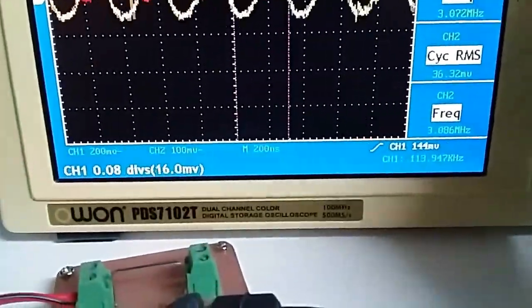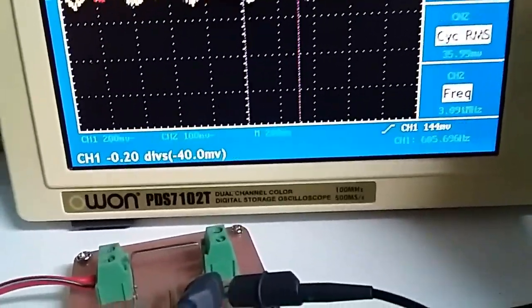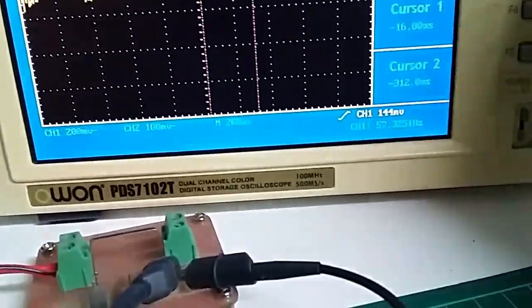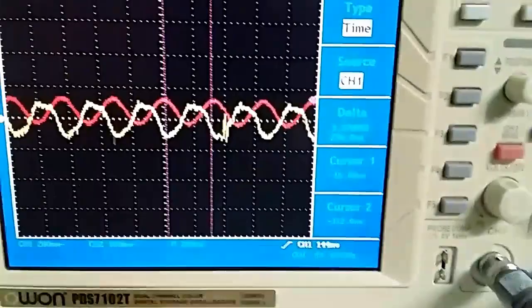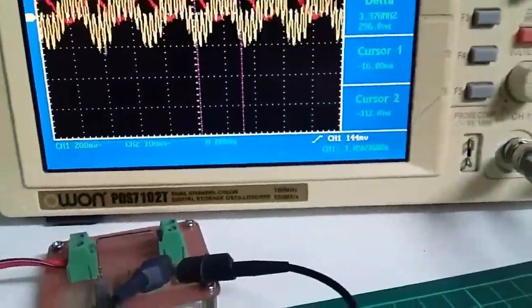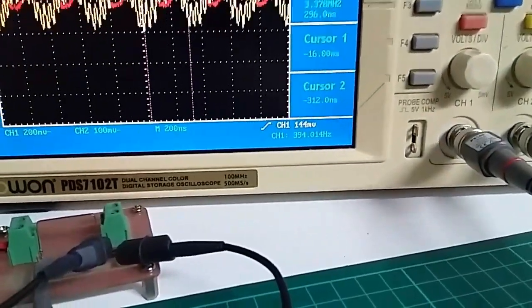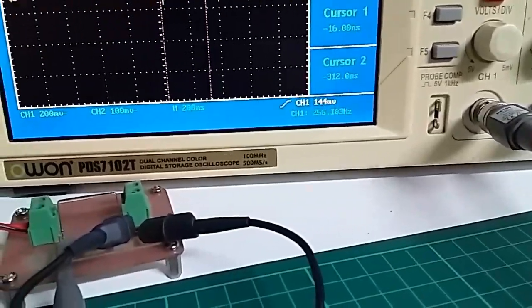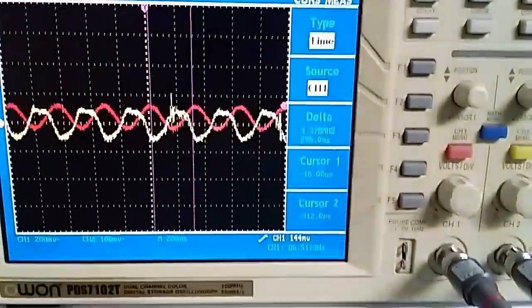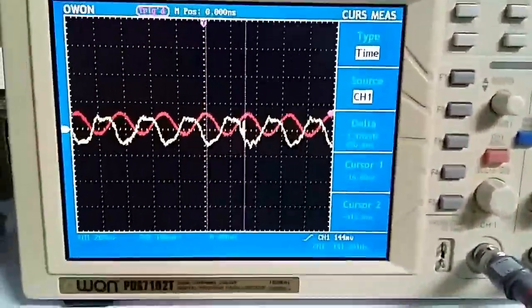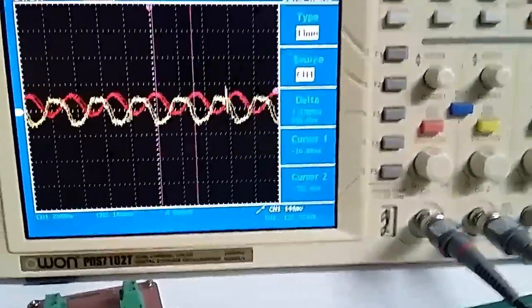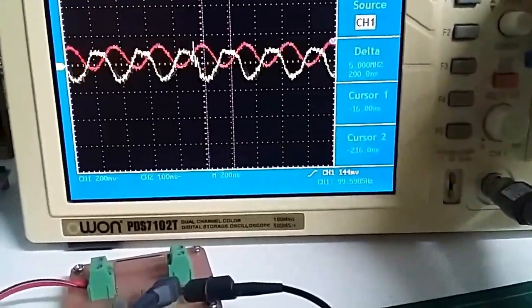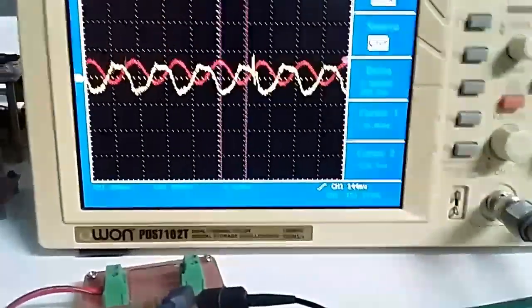If we use the cursors, go back to cursor. So, a wave period here. The wave period is 296.0 nanoseconds, and if we go back to the current, that's 200.